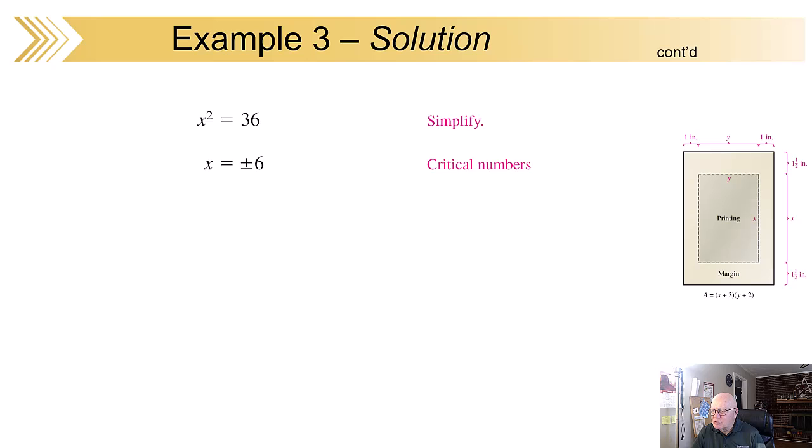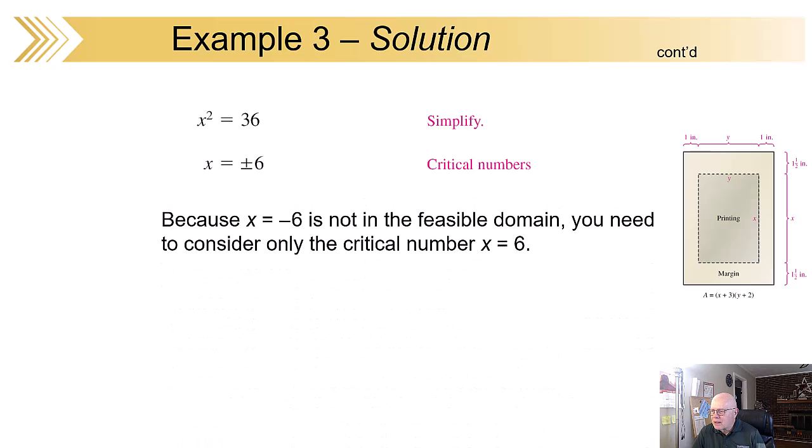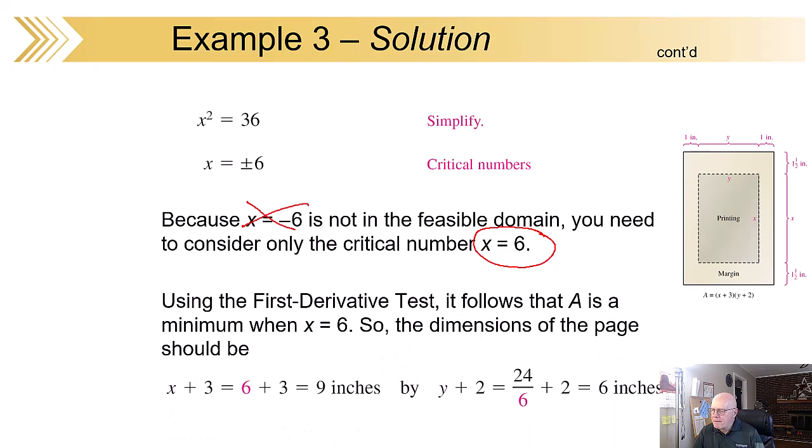Positive values. We have to throw out the x equals negative 6. Here's your critical number. So A is a minimum at x equals 6.